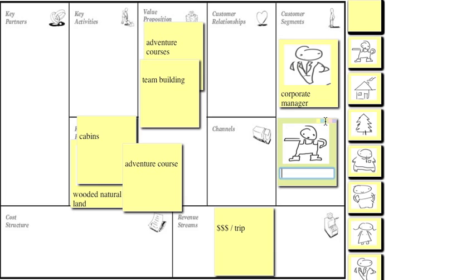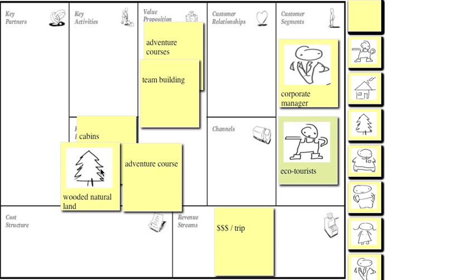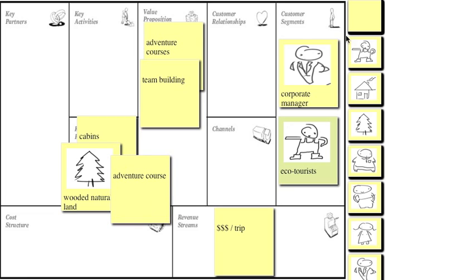So here we'll bring in eco-tourists, and these are people for whom the absence of resort-like features is actually a huge selling point and a benefit. They want it to be natural. They want it to be untainted.